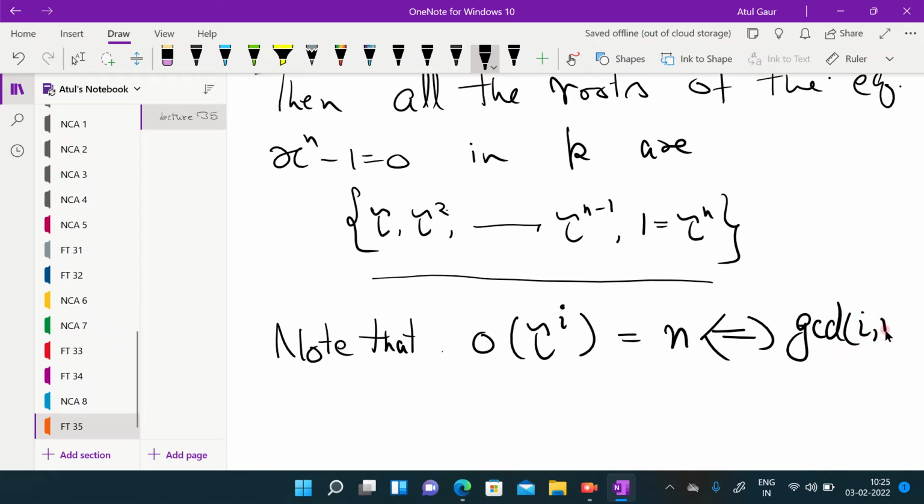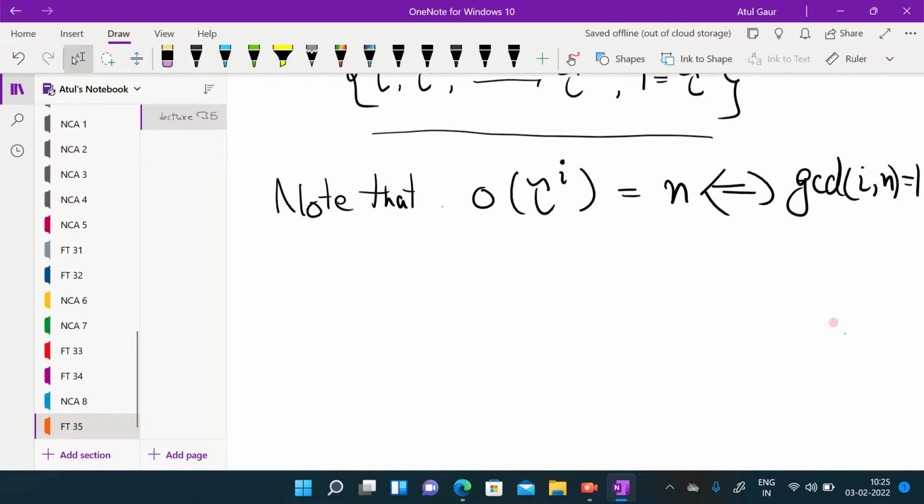This is if and only if the GCD of i and n is 1. You know this? Okay. Otherwise also you can see this immediately.